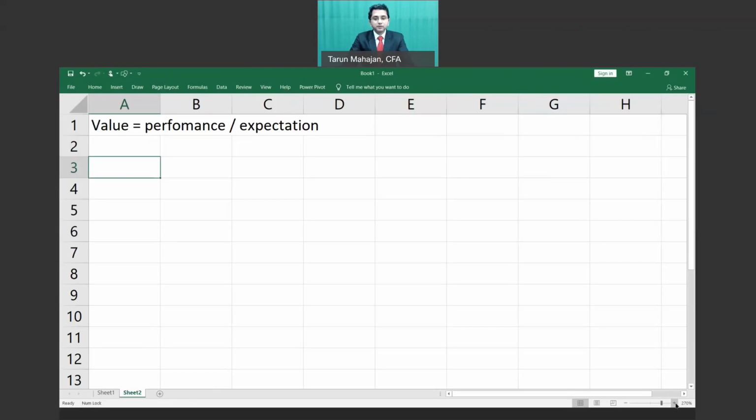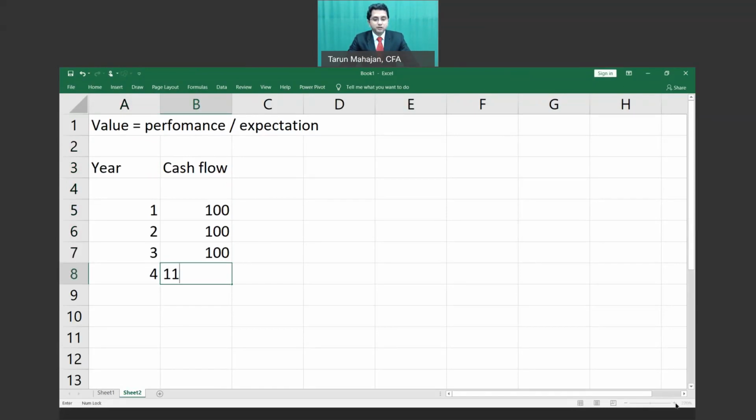For example, suppose a company has issued a 4 years bond and the face value of the bond is 1,000 rupees and the coupon rate offered by the company is 10%. So 1,000 rupees into 10%, company will be paying interest of 100 rupees each year.